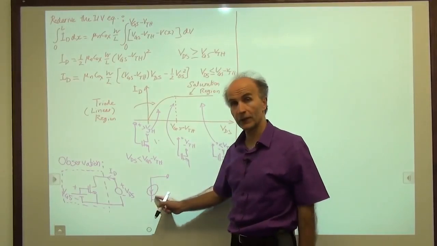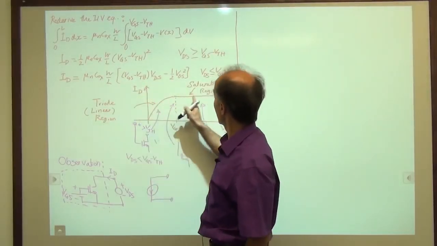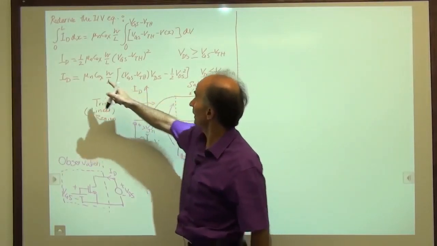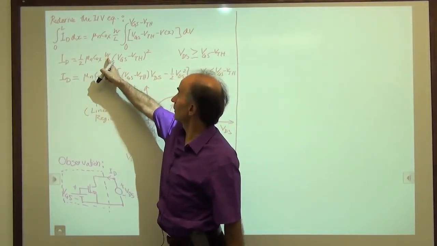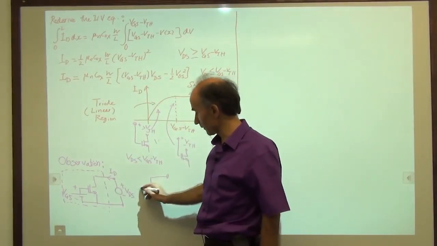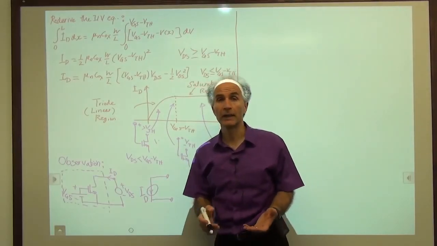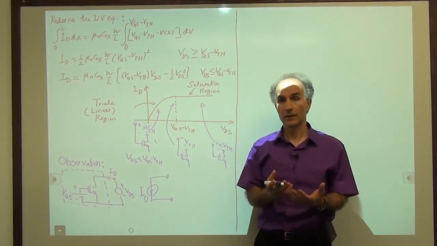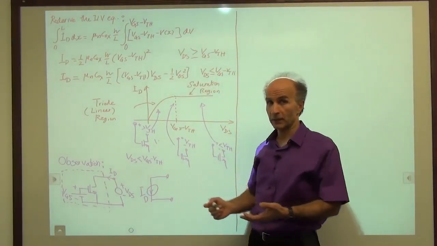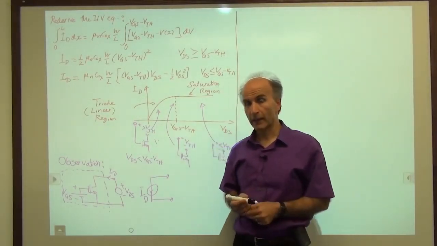And we know how much that current is. We go to our equation and we say this maximum was given by 1/2 mu n C ox W over L times VGS minus VTH squared. So that is the amount of current that this guy provides. So if you decide to buy a current source to use in some sort of circuit, that's how you actually build it, right? You can't just go buy a current source from your electronics store around the corner.